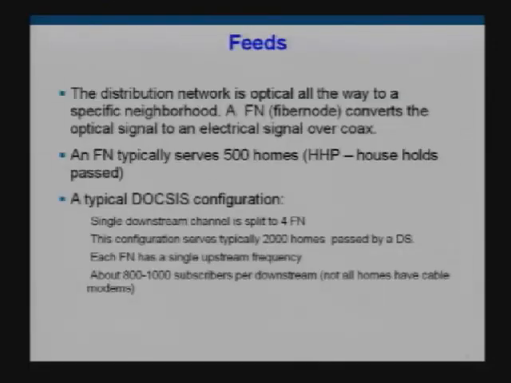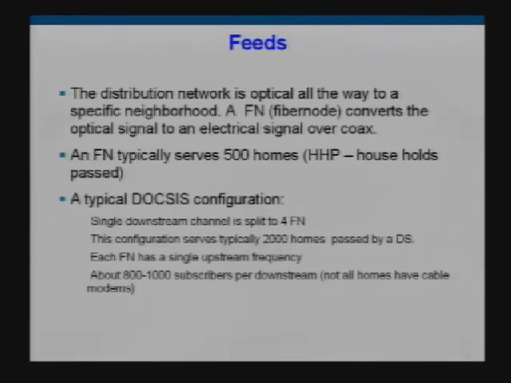So this slide just talks about the typical implementation on the plant side. Typically, the distribution network consists of optical fibers which go all the way to a neighborhood, and once it reaches the neighborhood, a fiber node converts the optical signals into electrical signals on an RF cable.